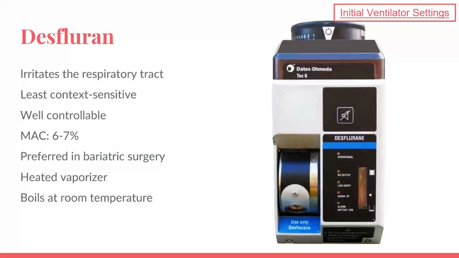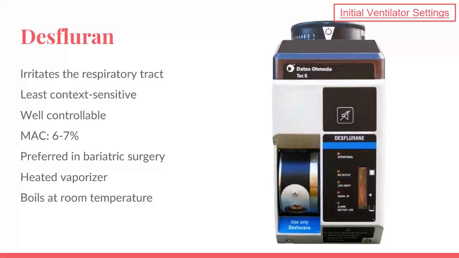These properties are due to its low solubility. Consequently, a small increase in its concentration leads to a significant rise in its partial pressure. This partial pressure is the driving force for delivering the gas to other tissues. Therefore, saturated blood will readily deliver desflurane to the brain, where it acts.